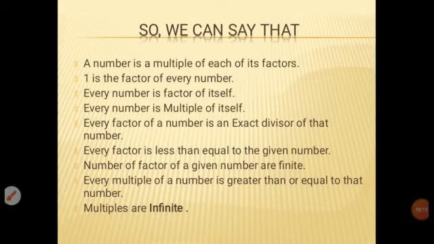Every number is a factor of itself and every number is a multiple of itself. Every factor of a number is an exact divisor of that number. Every factor is less than or equal to the given number. The number of factors of a given number is finite. Every multiple of a number is greater than or equal to that number. Multiples are infinite.